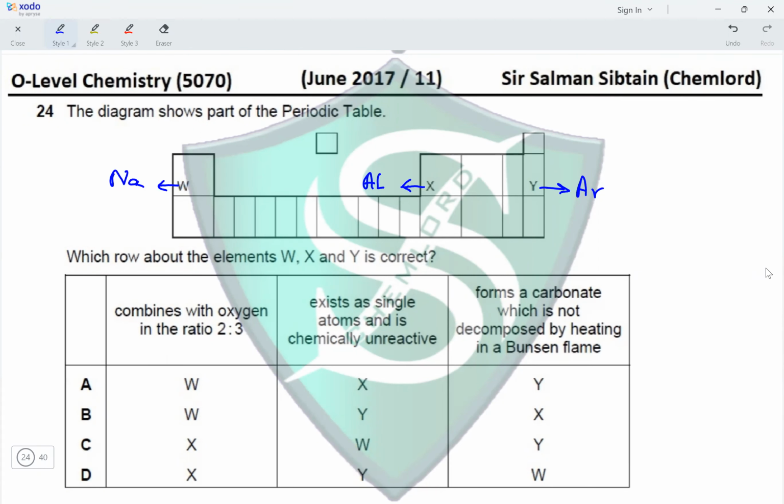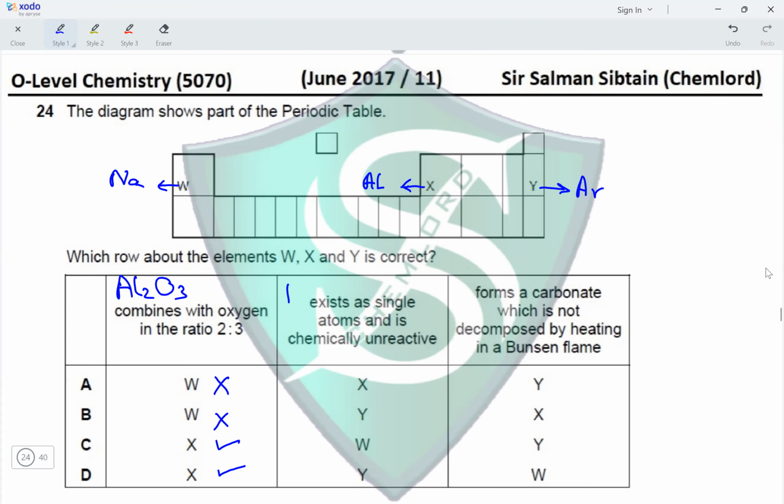Combines with oxygen in the ratio 2:3. That is Al2O3. So that would be X. So options A and B have been eliminated. Exists as a single atom and is chemically unreactive.